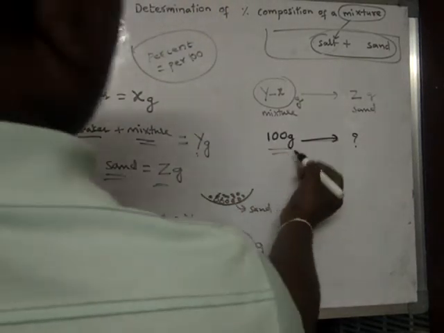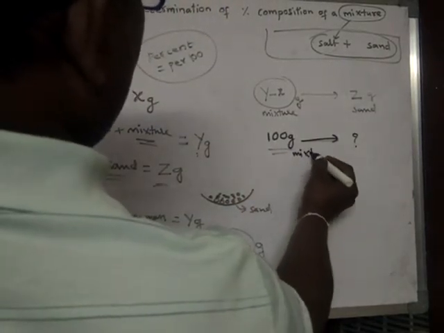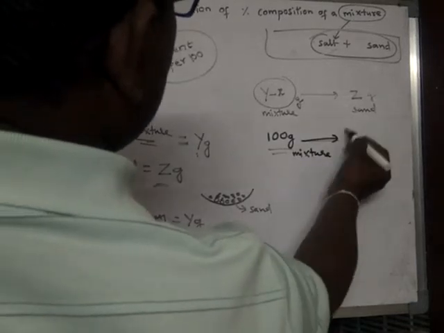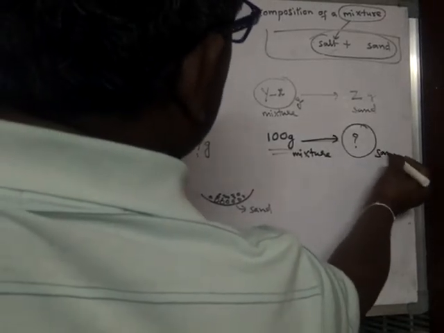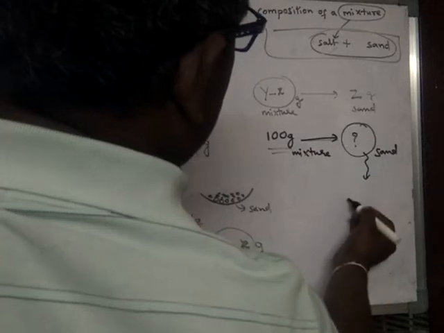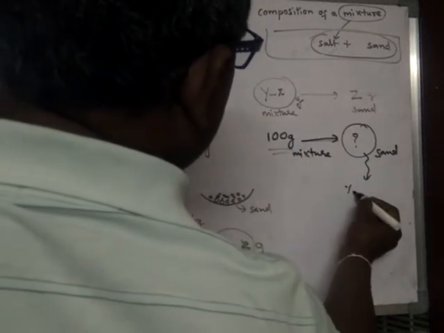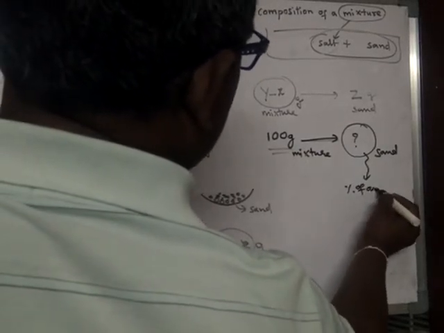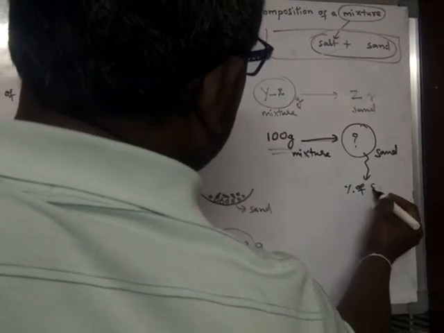For 100 grams of mixture, we have to find how much sand is present. So let us understand that this is the percentage of sand.